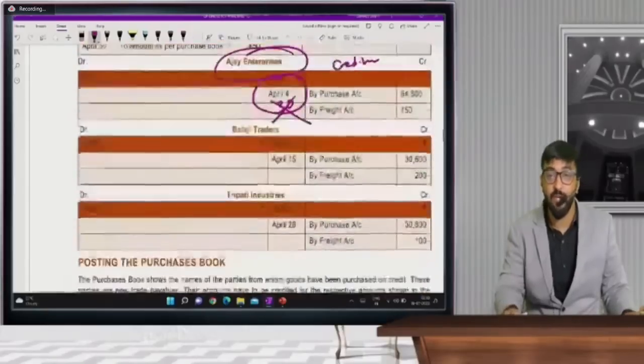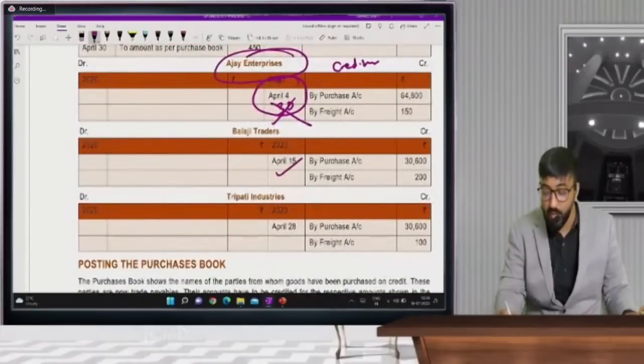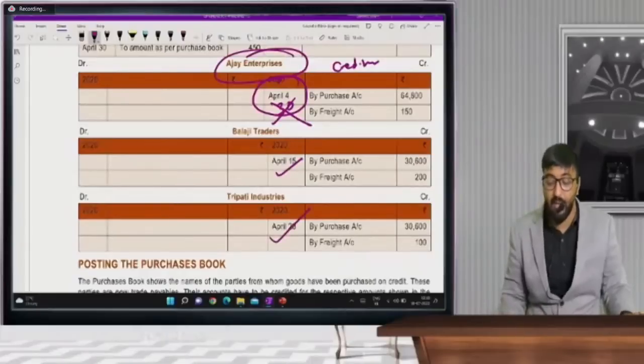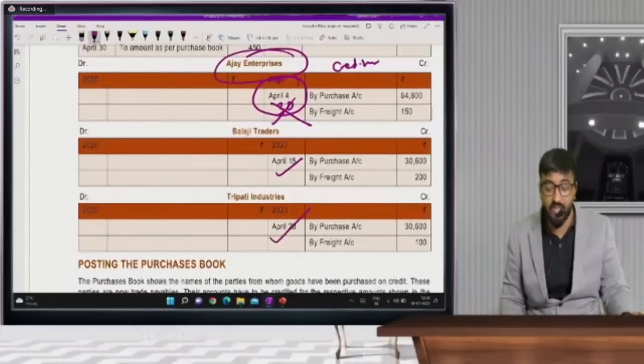Purchase freight. Supplier 2, April 15. Supplier 3, Tripti Industries. On day wise.